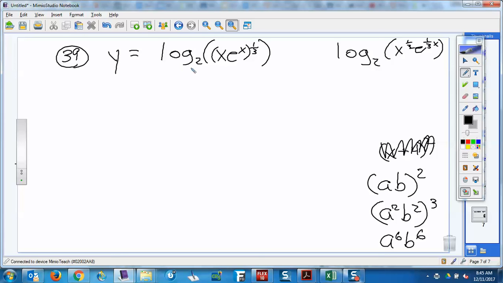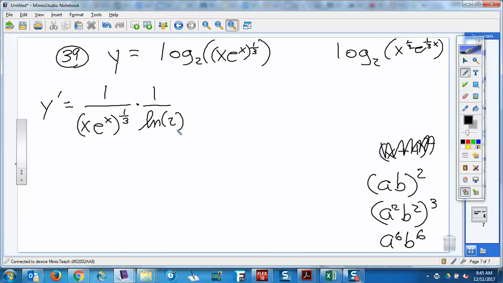Okay, well, let's just go through 1. So let's say you didn't think of that. You didn't simplify it first. You just went, okay, first we start with our log rule. So our log rule is 1 over whatever's on the inside, 1 over u. So that's 1 over x e to the x to the 1/3 times 1 over ln2, right? I'm just following my log rule here.